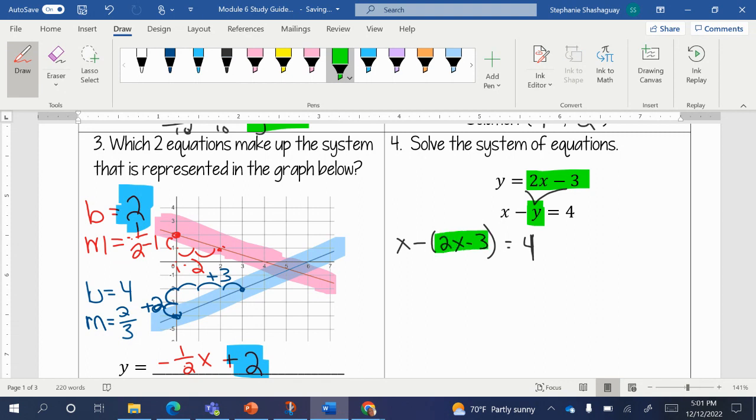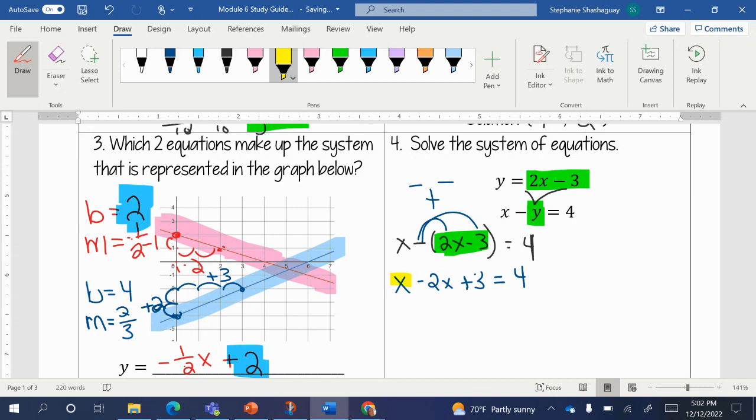All I did was take out the y and put in 2x minus 3. Now what you need to be careful with is to distribute that negative sign to both terms inside the parentheses. So I'm going to have negative 2x and a positive 3, because a negative multiplied by a negative becomes a positive. So I have x minus 2x plus 3 is equal to 4.